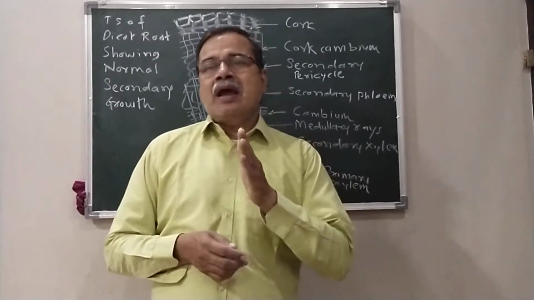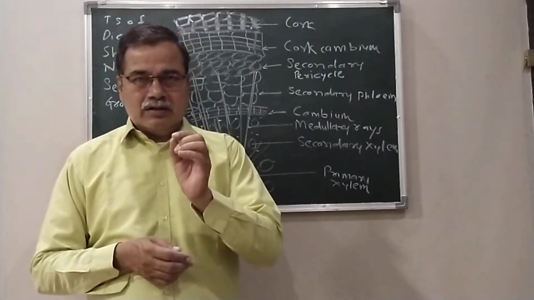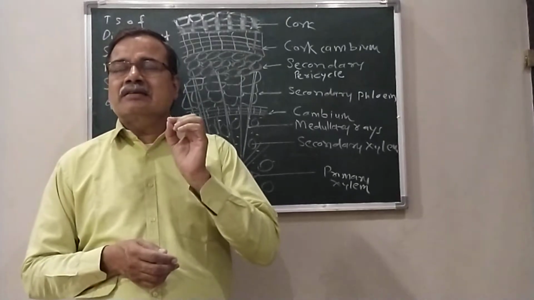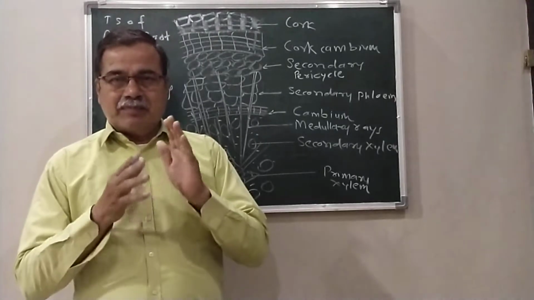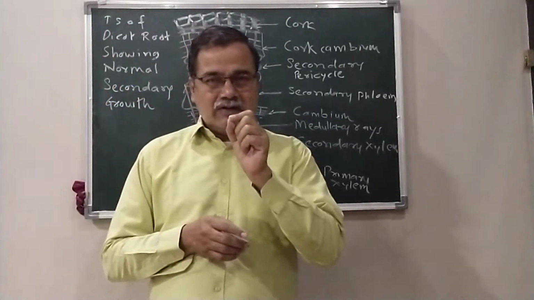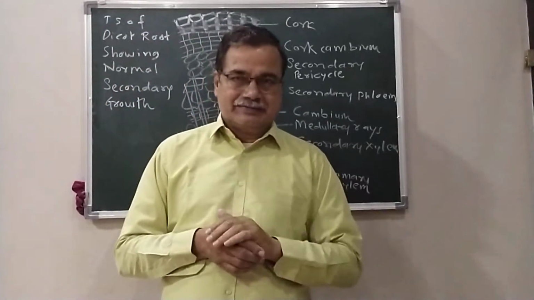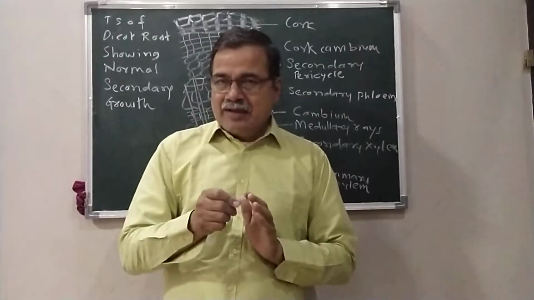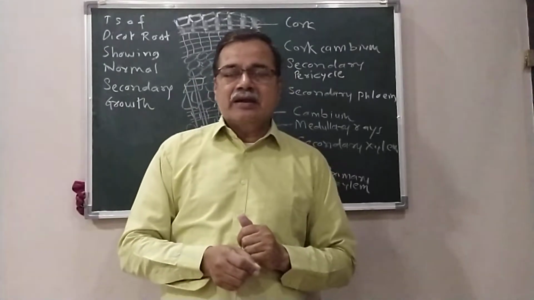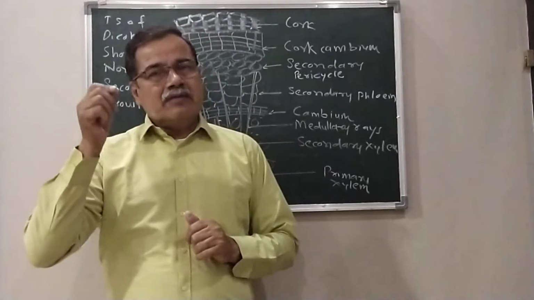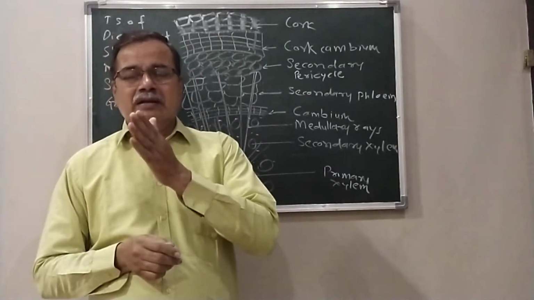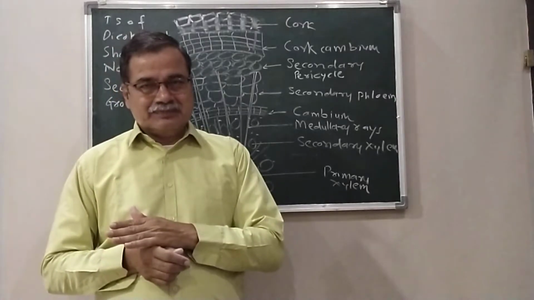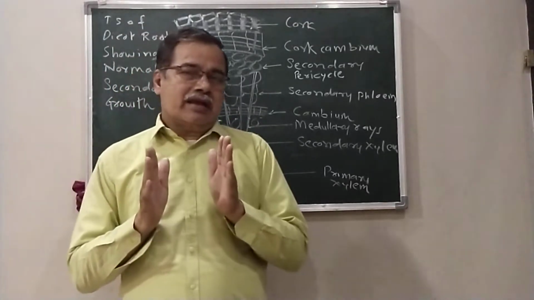The xylem and the phloem are formed in separate patches, the number being fixed at 4. Such vascular bundles developed in patches are known as tetrarch vascular bundles. The xylem is on separate radii and the phloem is on separate radii. Xylem alternates with phloem, phloem alternates with xylem. In between, there is no cambium.